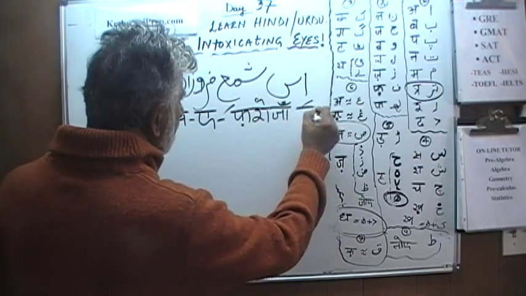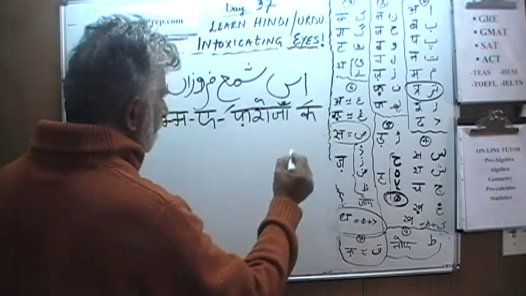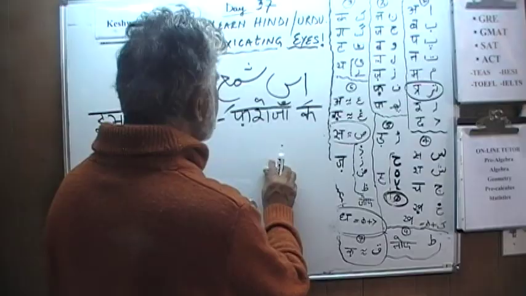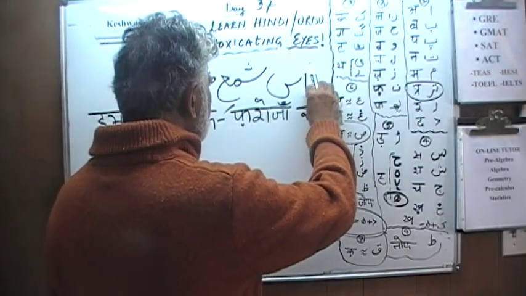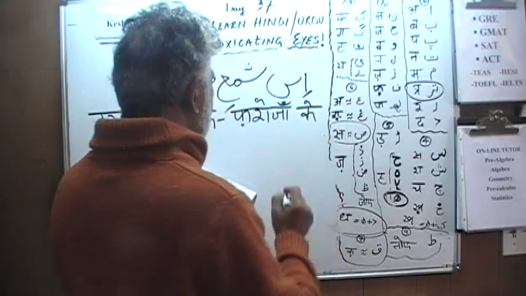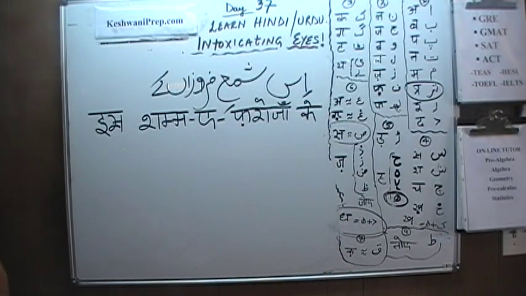Faroza K. Oh, I need a ki matra for K, so I have to erase the choti ki matra in the beginning for Urdu. Urdu, right here. This is Shammai Faroza K.